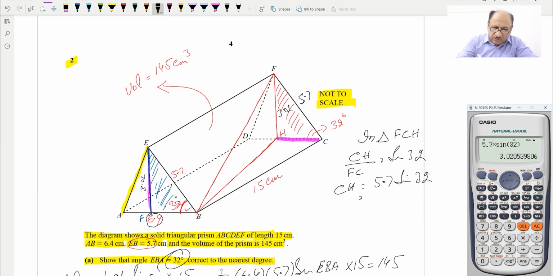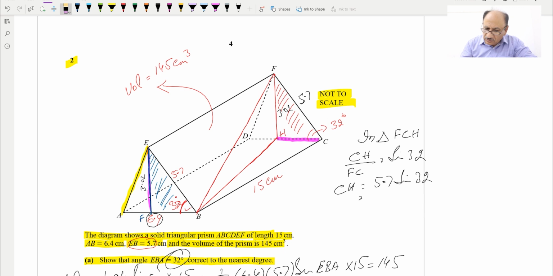It's not sine, it's basically cos. I've made a mistake, so this should be 5.7 into cos of 32.